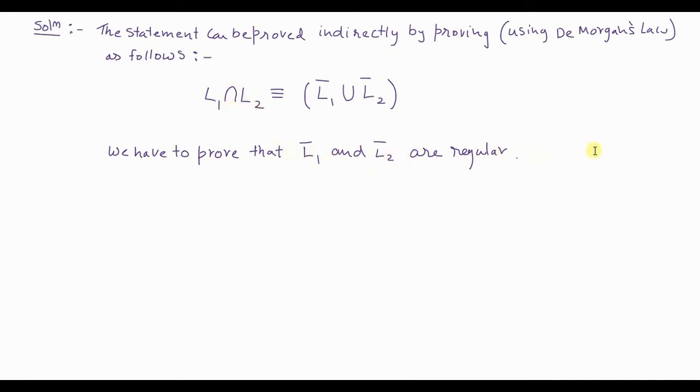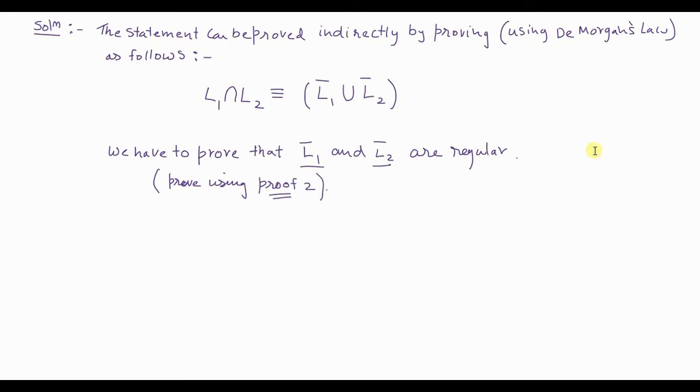Okay, so you have to prove using proof 2. I am not rewriting it, but a student has to write this proof 2, and you have to prove individually that L1 bar and L2 bar are regular.